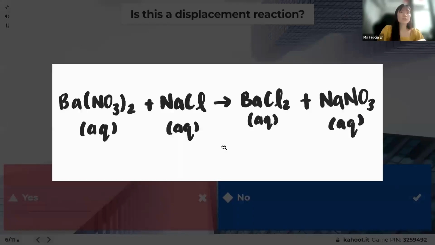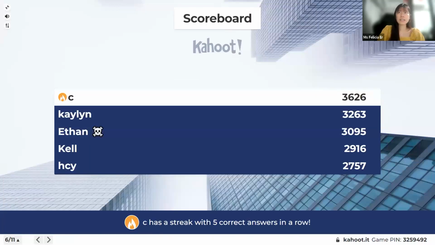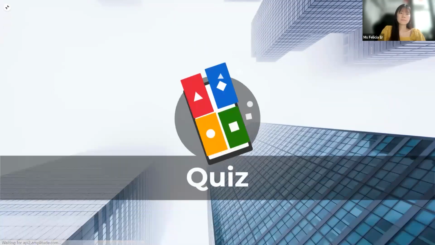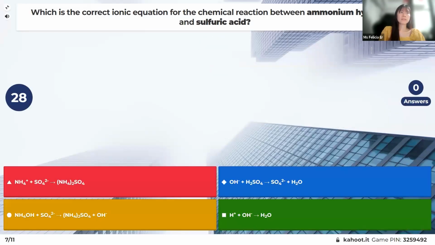So for this question, you realize the state symbols are all the same. So cannot. So this is not a displacement reaction. So take note, must have a change in state. This one I give you a bit more time.